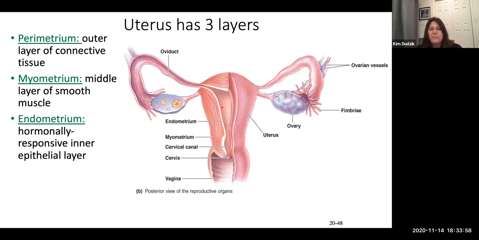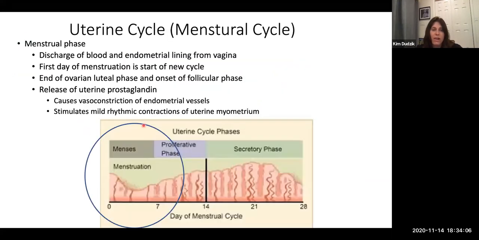Okay, so the development of the endometrial layer is what's referred to as the uterine cycle. Okay, so here you can see this graph now is kind of showing the thickness of the endometrial layer, right? And again, we want it to be really thick and have all these glands and things that are secreting things for a fertilized egg, for an embryo to arrive.